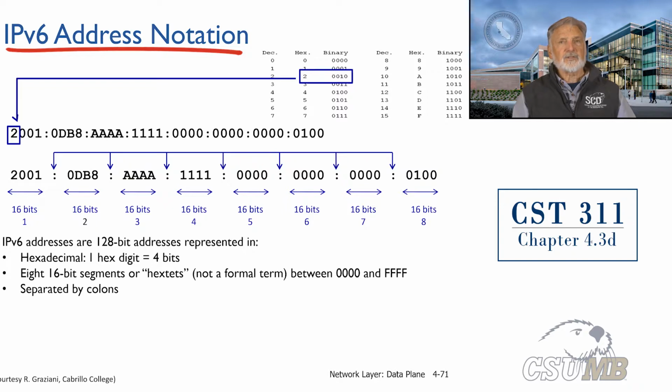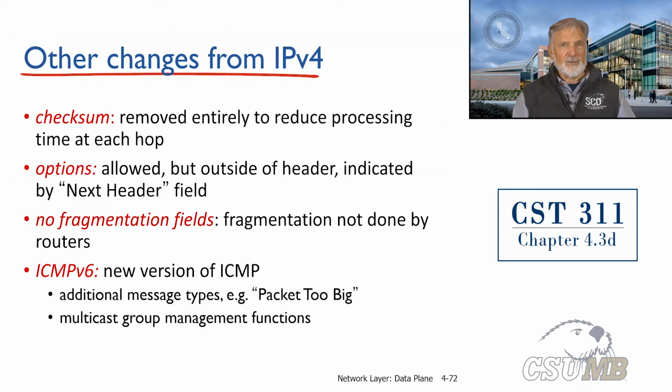The checksum has been eliminated because it does not provide enough error protection to warrant its performance impact. The transport and link layers already provide sufficient error protection. Fragmentation is no longer handled by the routers. Fragmentation must be handled by the source host.